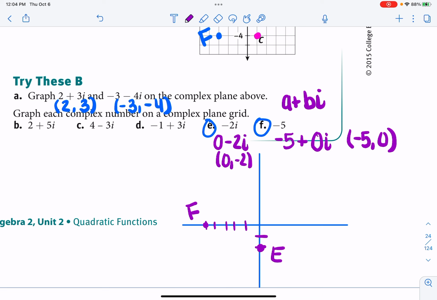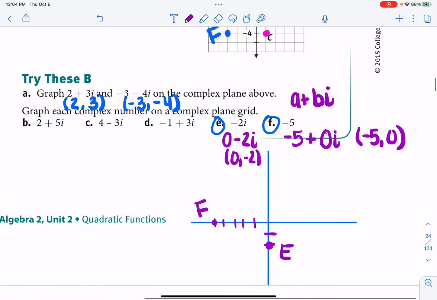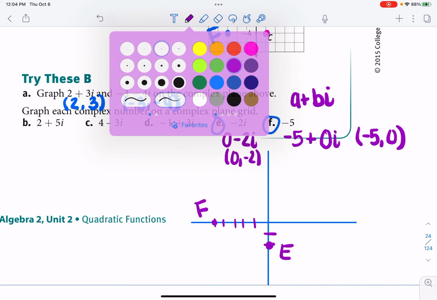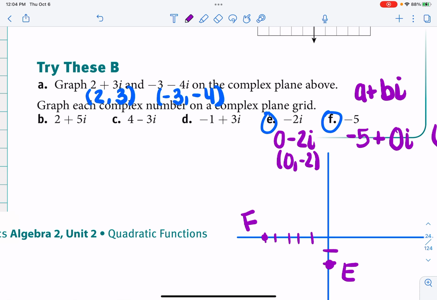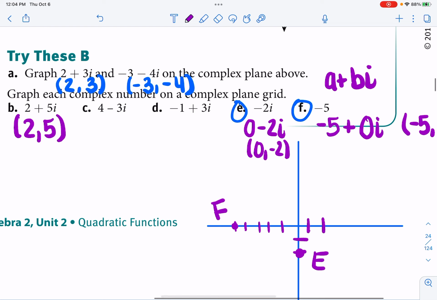Okay, so that's how you would do graphing, okay? Try B, C, and D. Pause this video until you have completed it. Okay, so graphing B, it's the point 2, comma 5. So I would go right 2 and up 5, and that would be the point B. C is the point 4, comma negative 3.